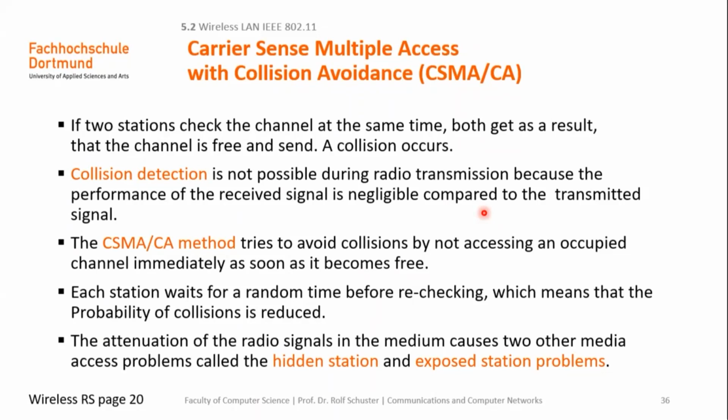Each station waits for a random time before rechecking, which means that the probability of collision is reduced. The attenuation of the radio signals in the medium causes two other media access problems called the hidden station and the exposed station problems. We will see this in detail, the hidden station and the exposed station.